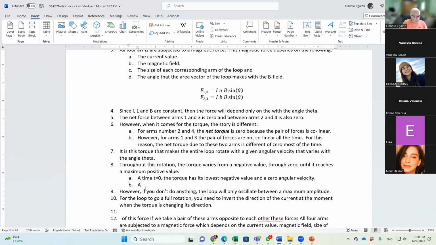This initial torque angularly accelerates the loop until it reaches a maximum angular velocity.